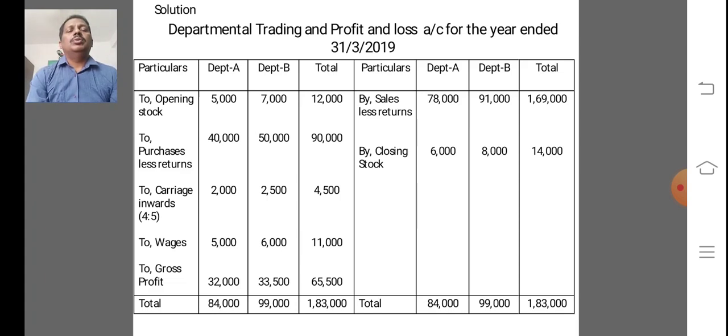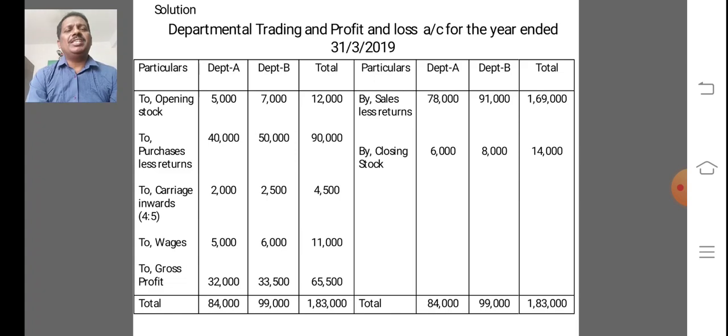So 2,000 and 2,500. Wages for each department is given, 5,000, 6,000, total 11,000. And come to the credit side, credit the sales less returns 78,000, 91,000, 1,69,000, and credit the closing stock 6,000, 8,000, 14,000 is the total.